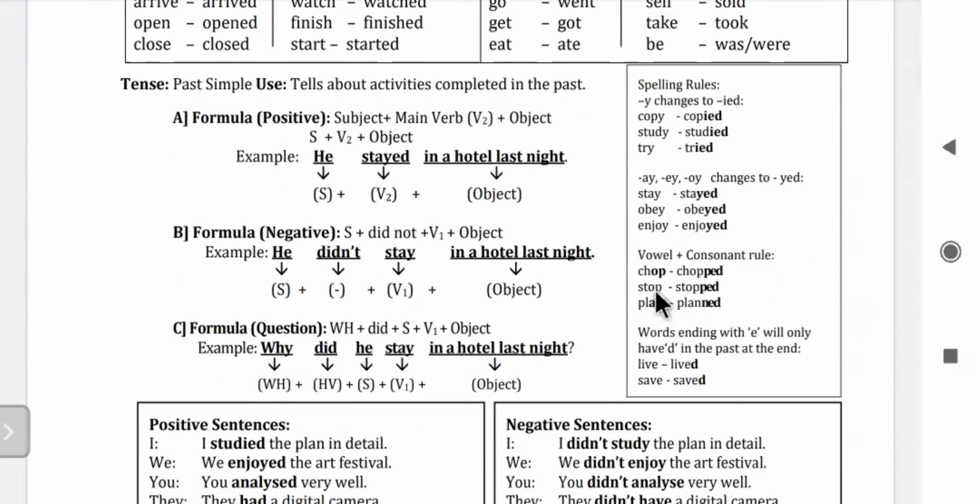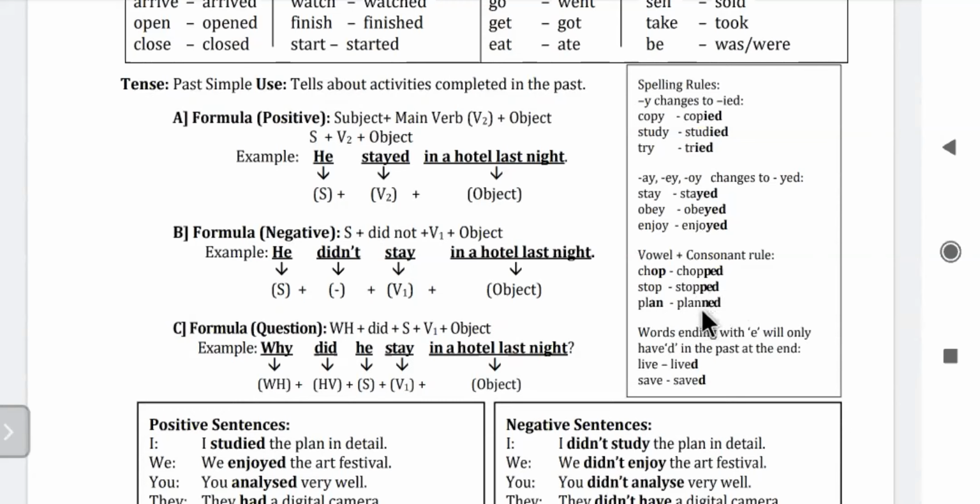For example, stop has a double P on it. Reason I told you already. The same thing with chop and the same thing with plan is when you speak, the word PP will come twice. Stop, do. See, when you say the P automatically comes. So that's why it's there twice. Chop, do. Stop, do.